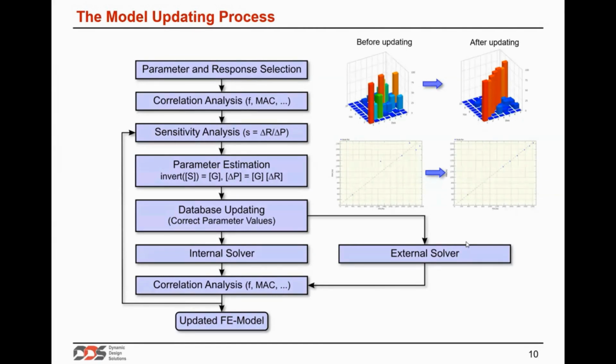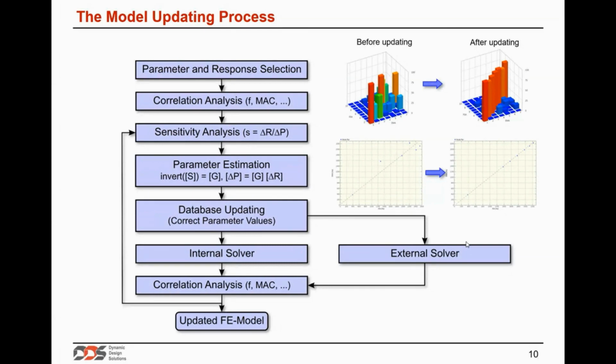So what could be the parameter that can remove this difference? Also, sensitivity analysis is used to check whether the parameters that are selected can change the responses. So it is important to adapt the choice of parameters to the responses that need to be modified.